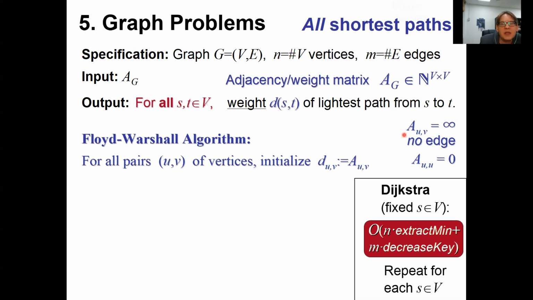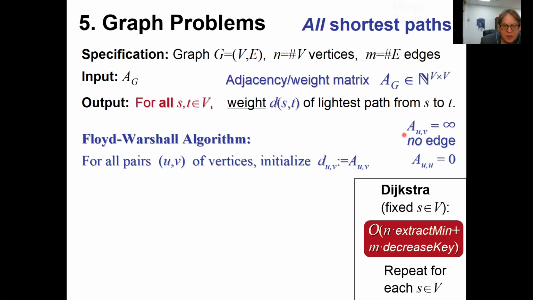So again, we initialize our array, but now it's a two-dimensional array, right? Remember the goal of this variant of the problem is to calculate all shortest distances between all pairs of vertices. So with the previous Dijkstra, we had the start vertex fixed, and the array would only need to consider all possible target vertices, which is a one-dimensional array.